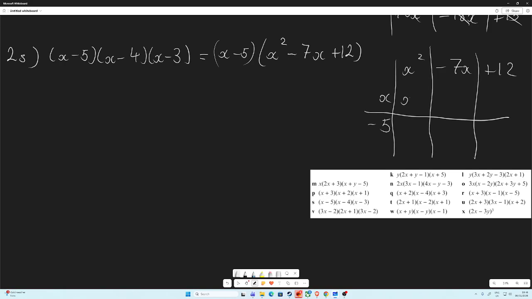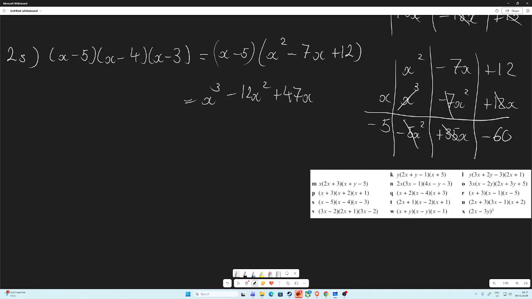So that's x cubed minus 7x squared plus 12x minus 5x squared plus 35x minus 60. So the answer is x cubed minus 5 minus 7, so that's minus 12x squared plus 35 plus 12, so that's plus 47x, and of course minus 60.